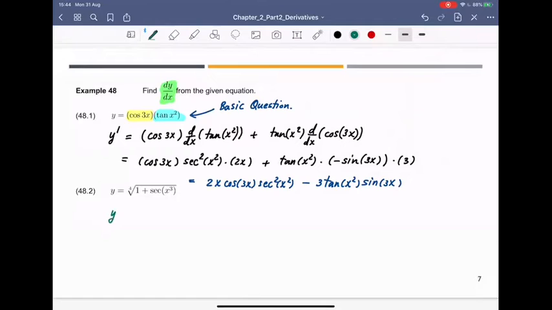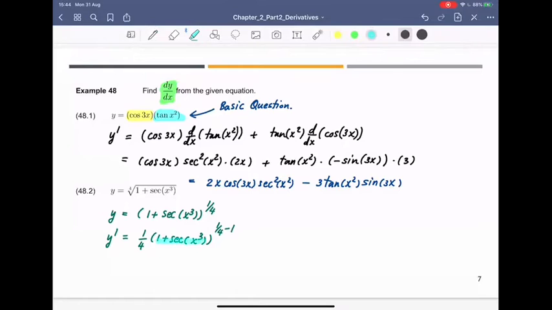So I have y equal to 1 plus secant x cubed raised to the one-quarter power. So here, what I'm going to do is differentiate it. Of course, chain rule, right? So I'm going to do a quarter, and then that function, this is my inner function, to the 1/4 minus 1.